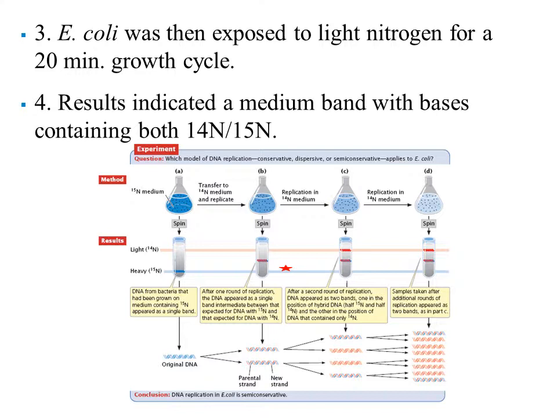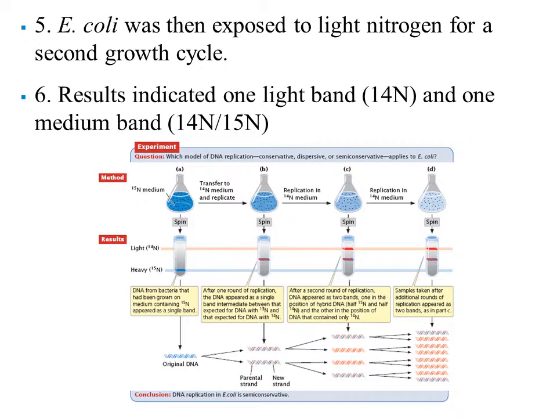If it incorporated only heavy nitrogen, you would have one heavy band in this test tube. If it only had N14, it would be a lighter band. But their results indicated an intermediate band in between N14 and N15. This meant that that round of replication created a DNA molecule that had one N14 strand and one N15 strand of DNA.